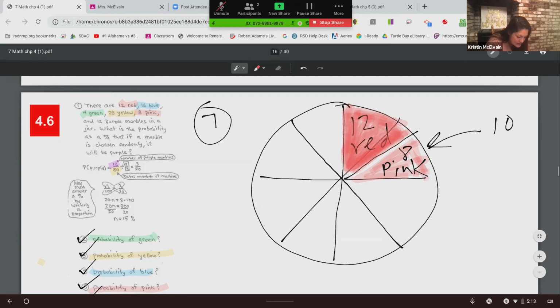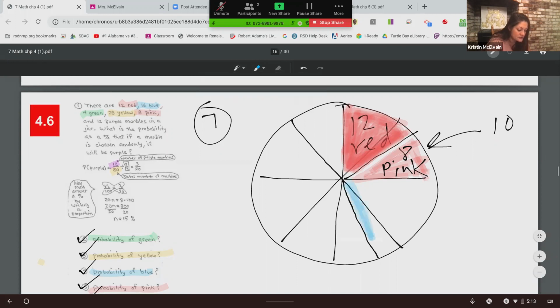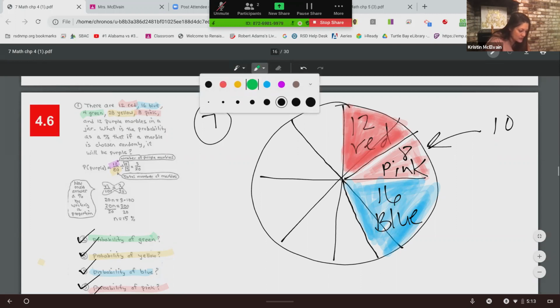All right, so 16 is 10 and 4 more is going to be blue. So let's color that one blue. Okay, and blue has 16. 16 for blue. And the other 4 is going to be our green.